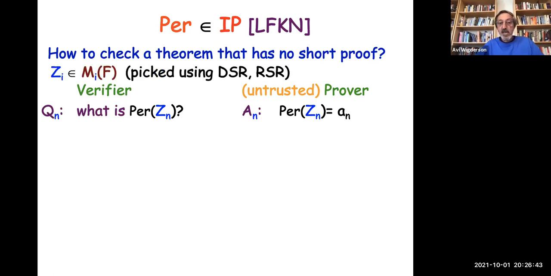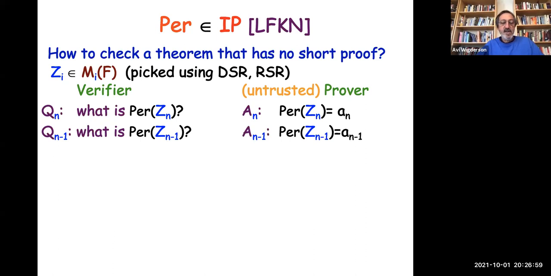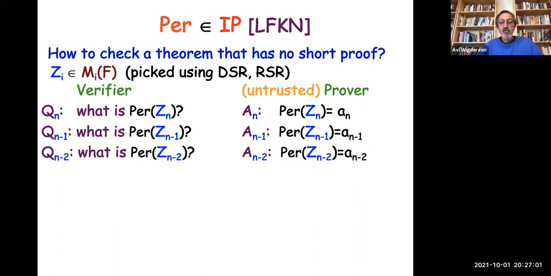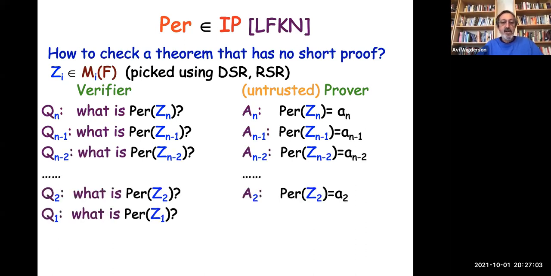But using what I just showed you, you can compress all these n minus 1 by n minus 1 matrices into one, and we get another z of n minus 1, which captures all these claims. So we can reduce it and then reduce it again. We go through this interaction, keep reducing the input size. By the time we get to a 1 by 1 permanent, we can compute it by ourselves.